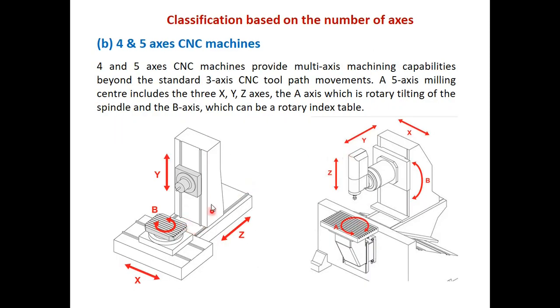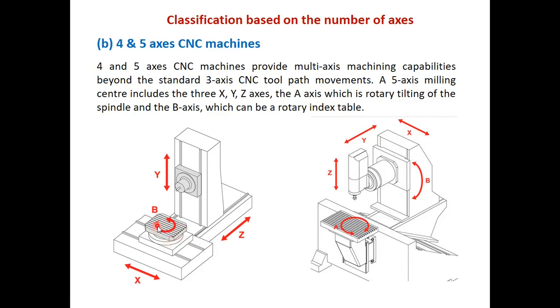Now if, to the existing milling machine, I give a rotation to the working table, there will be a 4th axis added. So this B denotes the 4th axis. So this is a 4 axis CNC machine.